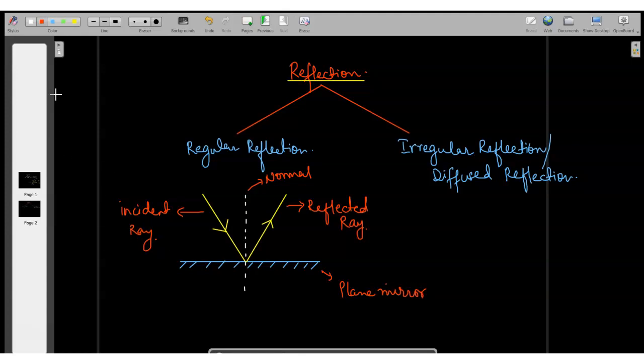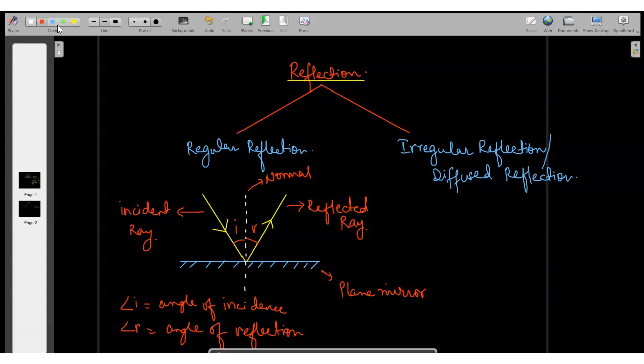All right, now you see in this case the angle of incidence. This is the angle of incidence, and this is the angle of reflection. Now, what is angle of incidence and angle of reflection? Let us write them. Angle of incidence. Angle of reflection.